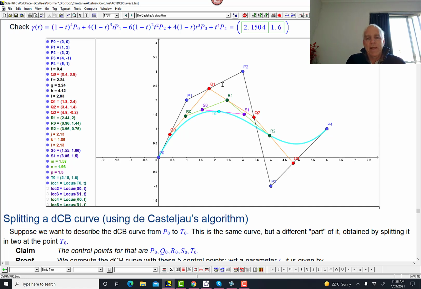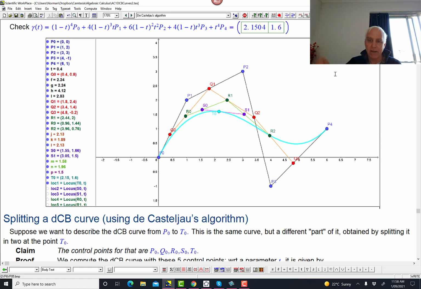Okay, so what we're interested in now is splitting this curve. Okay, so we want to split it right at t0 with this particular value of 0.4. Now, let me remind you why you might want to do that. Because if you are investigating some shape, right? I've told you that people who use these splines in applications, they want to apply the splines to relatively simple portions of the curve.